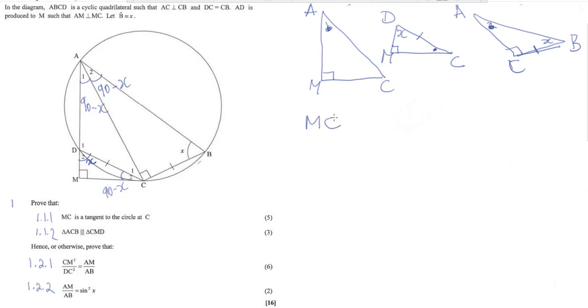MC of the smaller triangle, look at this, it's going to be over the similar side. Look at the angle here, okay, and the dot. It's this side, the angle, and the dot, which is AM. There we go. We say over AM.